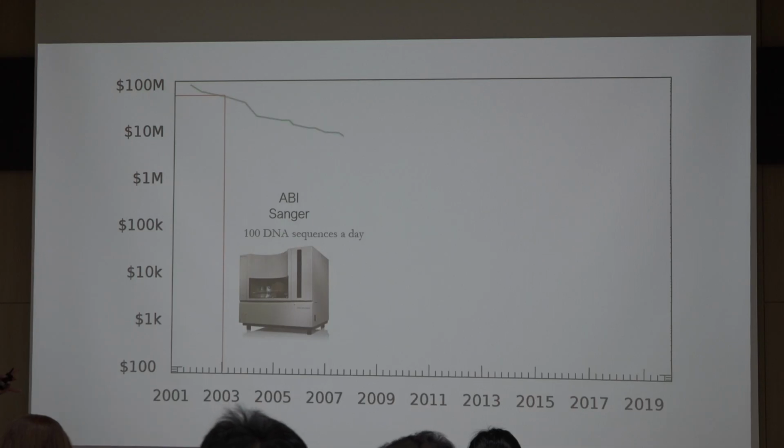So around 2007, Illumina asked what can we do to start doing ancient DNA in a more straightforward way, not depending on the Sanger sequencing, which is very slow, but being able to sequence massive amounts of DNA in a short period of time.